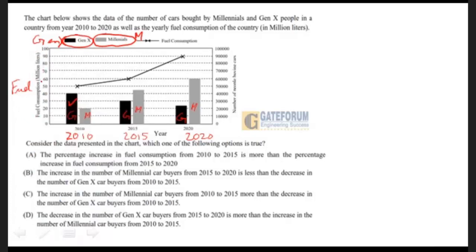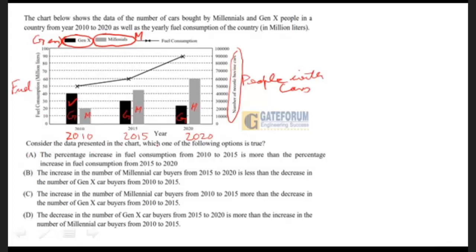And this, I presume, is the number of people having cars. These are people with cars, in thousands: 0, 10, 20, and so on. Okay, so we have made it.